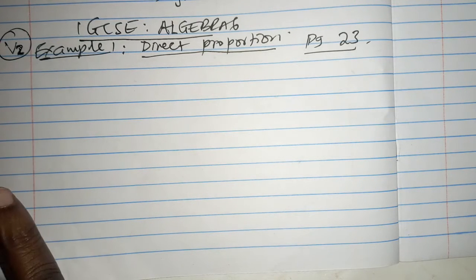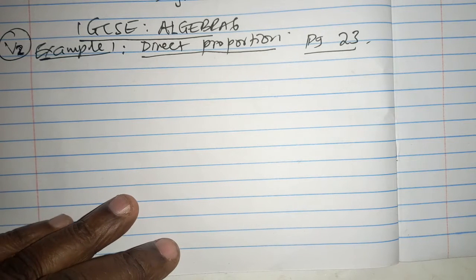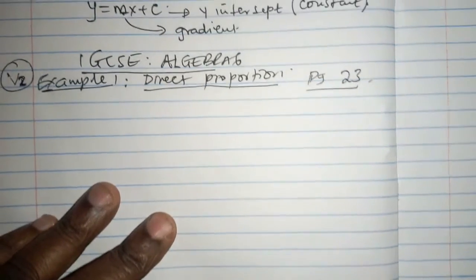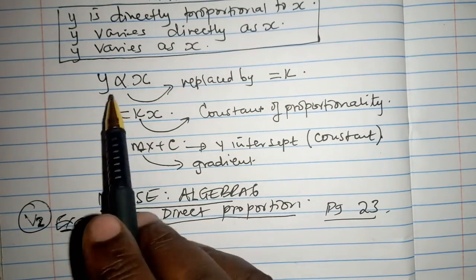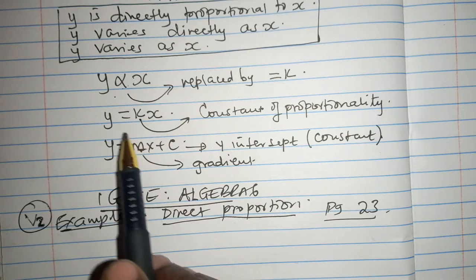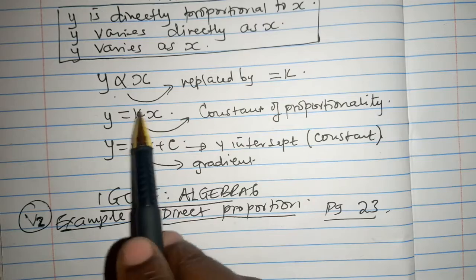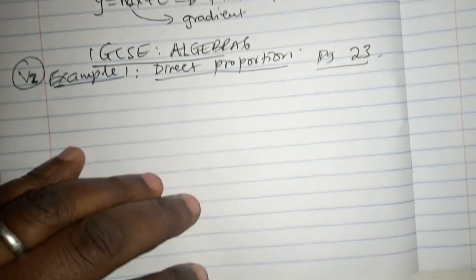We've just understood how we can relate directly proportional variables, and we can write them. Y is directly proportional to x, which changes to y is equals to kx, and of course k is a constant that needs to be evaluated or found.